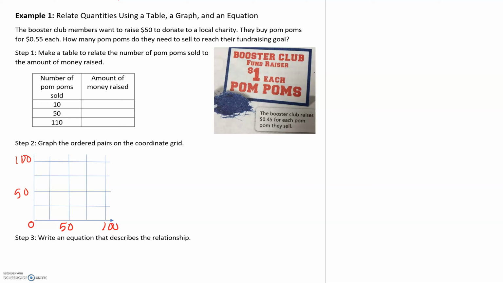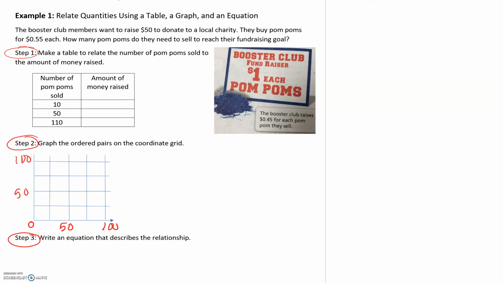I've laid this out into steps you can take to get your answer. Do we always have to follow these exact steps? No, but they all relate to one another. A table, a graph, and an equation all have the same consistent relationship between the three of them. They are all saying the exact same thing, just in different forms.